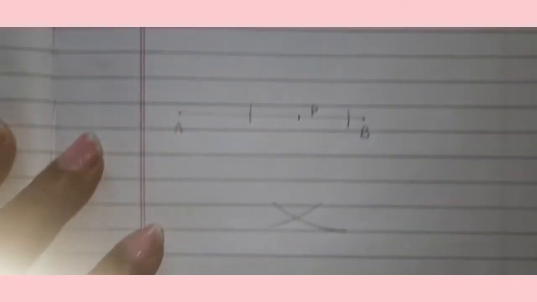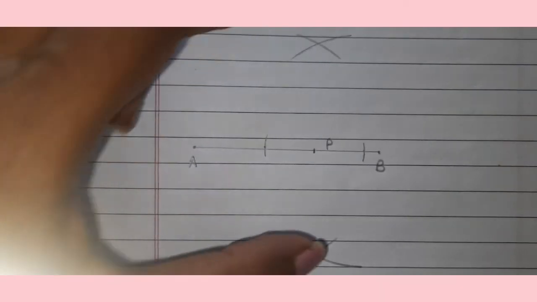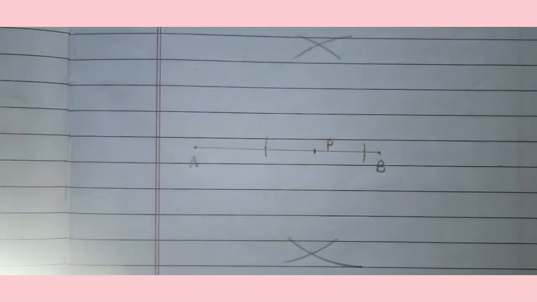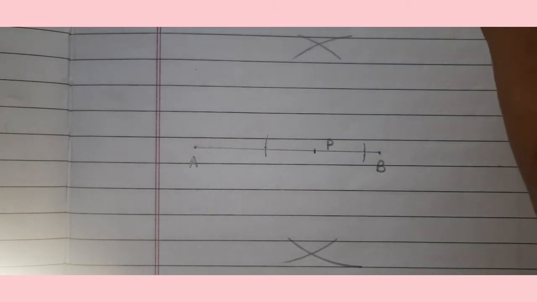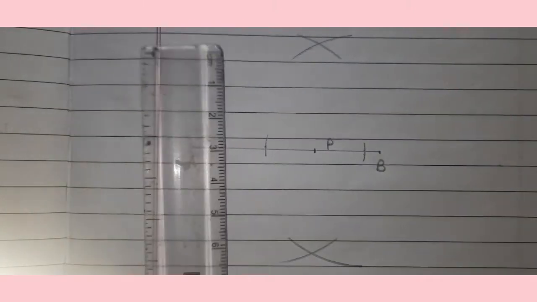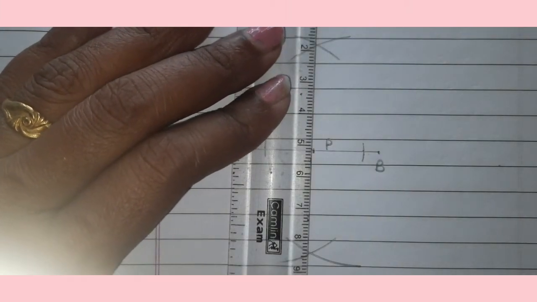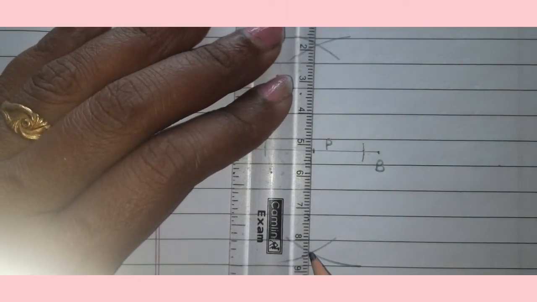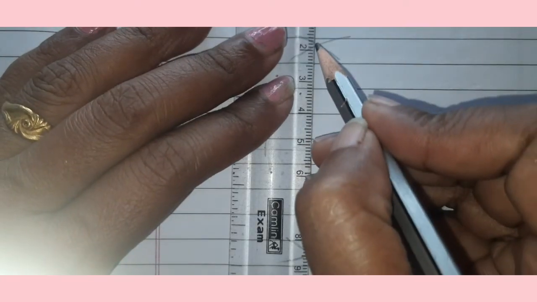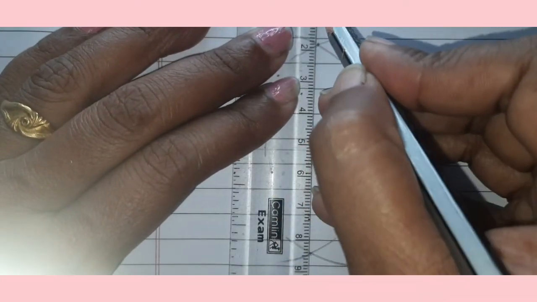So you will get 2 points over here, 2 arcs which are intersecting each other. Now we have to join those 2 points of intersection.